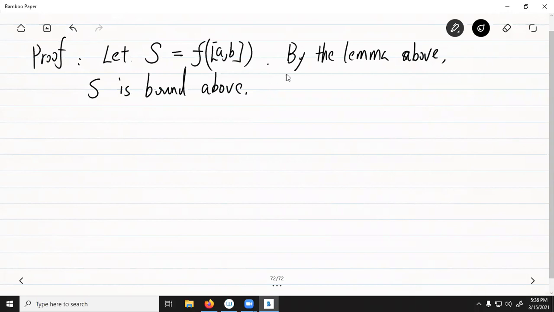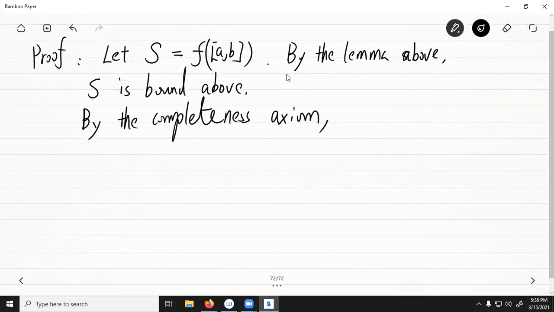So the first thing is whether this supremum exists or not. Do you remember we have what is called the completeness axiom? We studied it in the first chapter. What's the meaning of the completeness axiom?